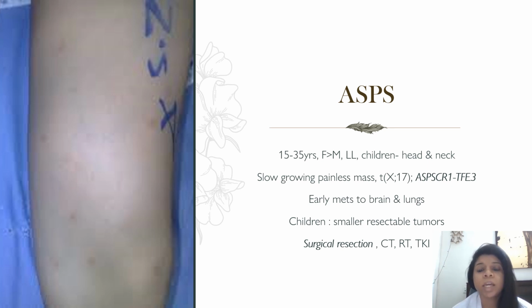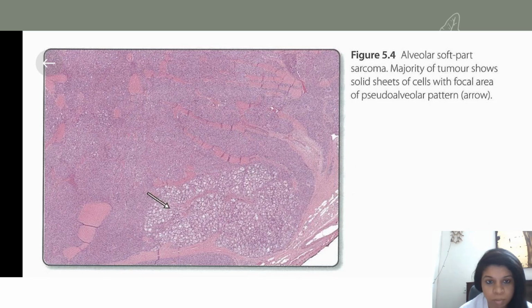They show early metastasis to brain and lungs, so their malignant potential is high. But in children they have comparatively good prognosis because the tumors are smaller and resectable. Surgical resection is the mainstay. Obviously you can also opt for chemotherapy and radiotherapy after surgery if it is not resolved, and then you can also use tyrosine kinase inhibitors.